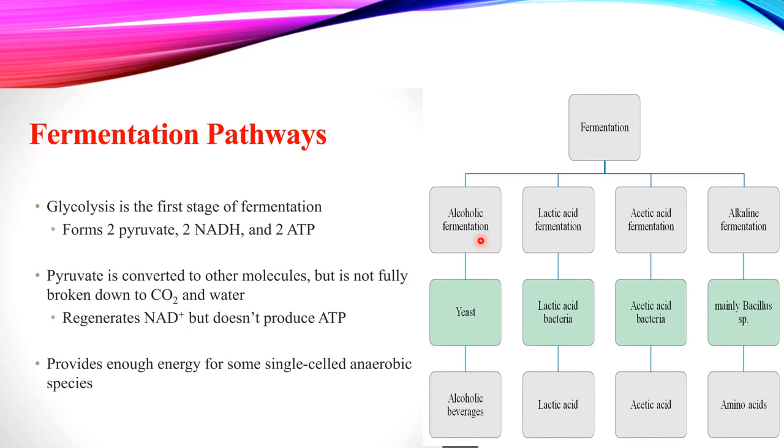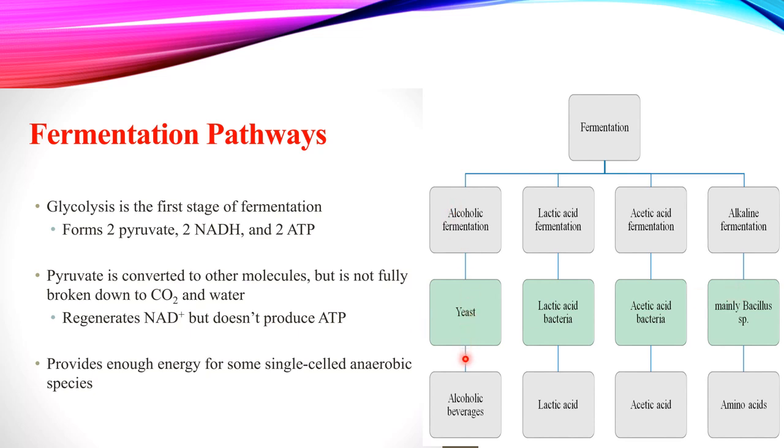Alcoholic fermentation occurs mostly in yeast. Lactic acid fermentation occurs mostly in lactic acid bacteria. Acetic acid fermentation occurs in acetic acid bacteria, and alkaline fermentation occurs mainly in Bacillus species.